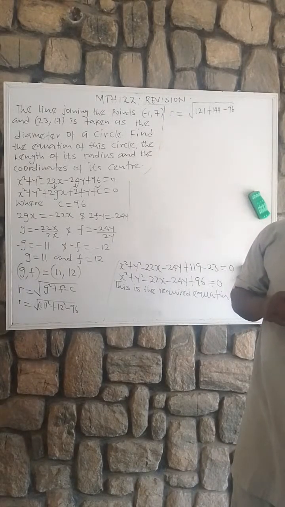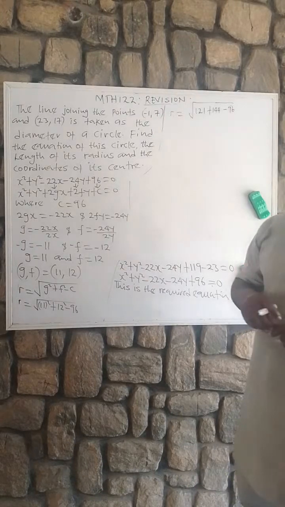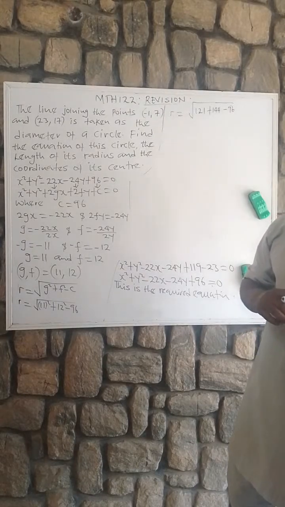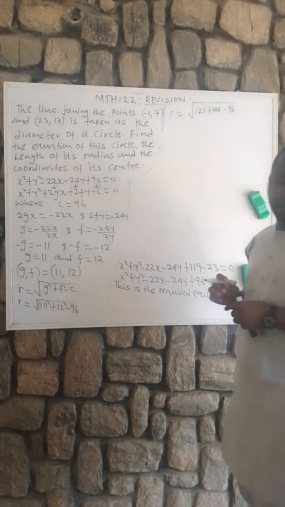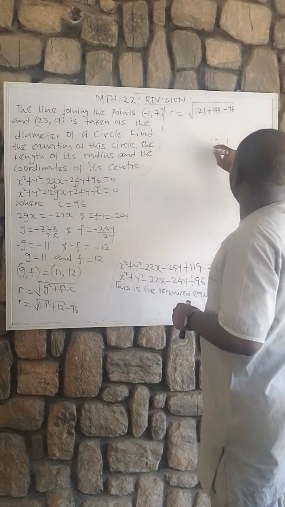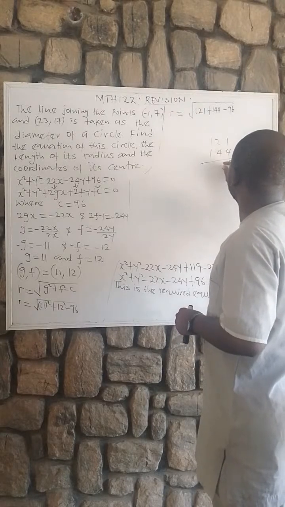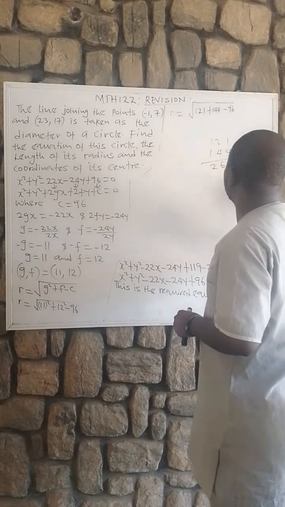Is that clear? 121 plus 144 is 265. True or false?